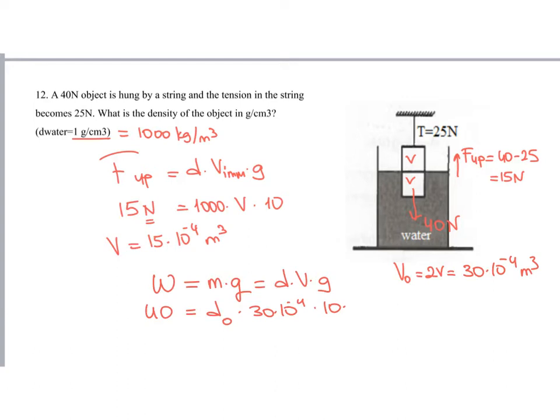So here I have the density of the object: 4 over 3 times 10 to the 3 kilograms per cubic meter.